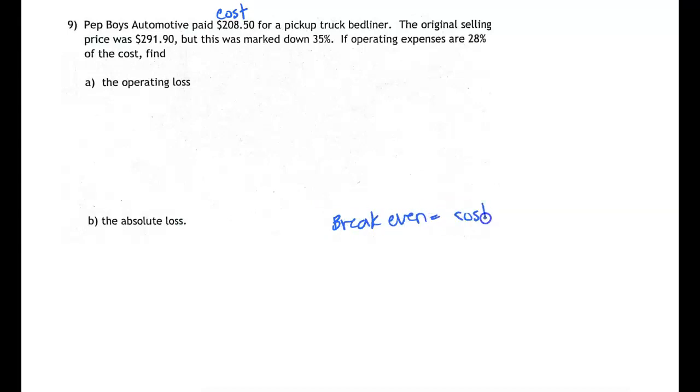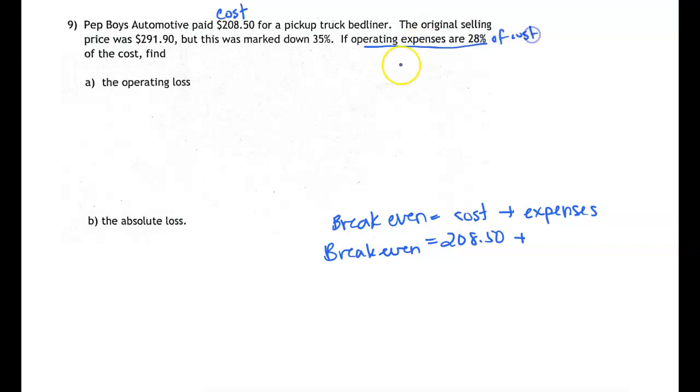is the cost plus expenses. We know the cost, $208.50. We need to calculate those expenses. I'm going to go here where they said the expenses are 28% of the cost. So expenses are 28% of the cost. Let's calculate those expenses. 0.28 for its decimal equivalent.